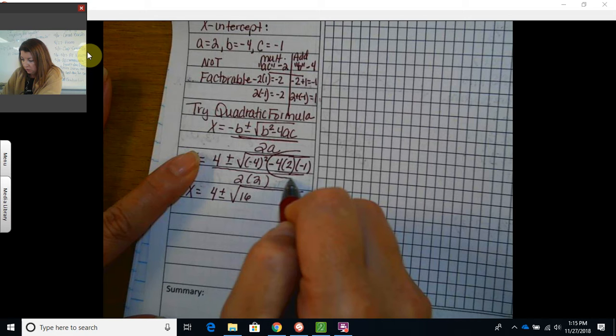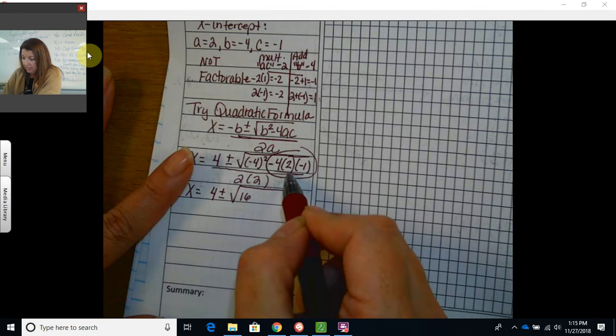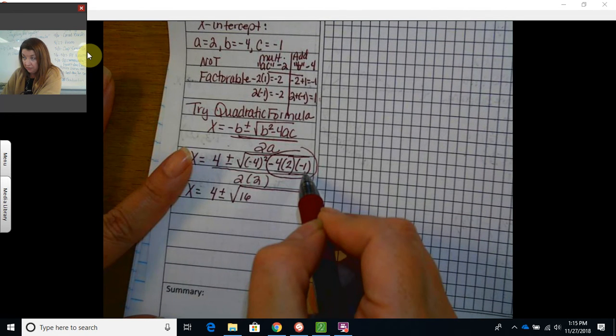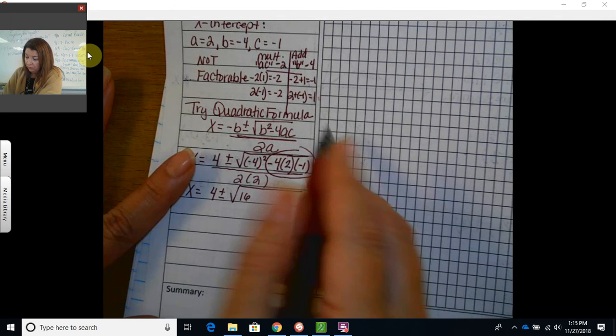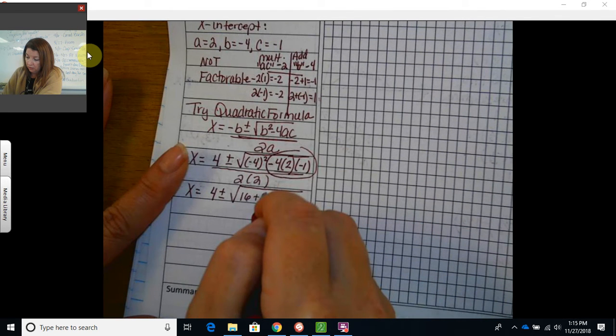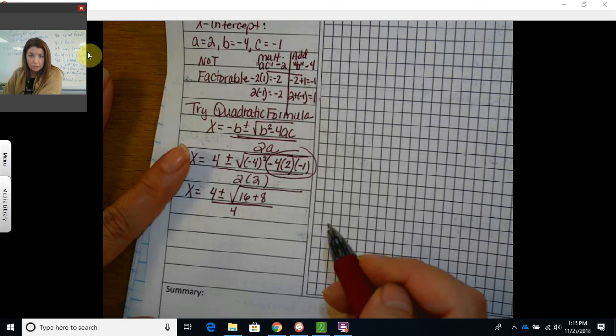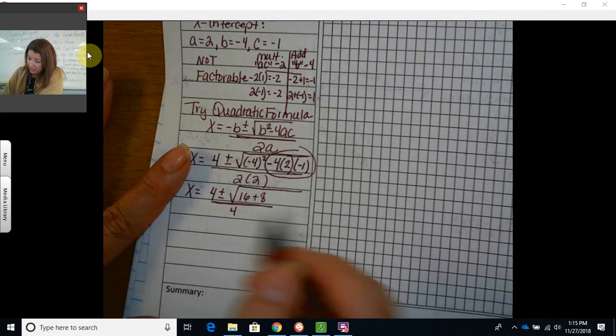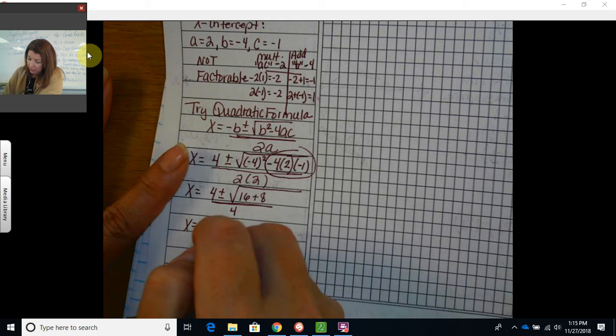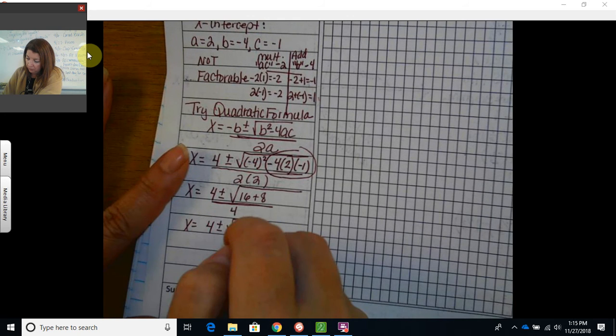Negative 4 times positive 2 is negative 8, times negative 1, positive 8, all over 4. So that's x equals 4 plus or minus the square root of 24 all over 4.